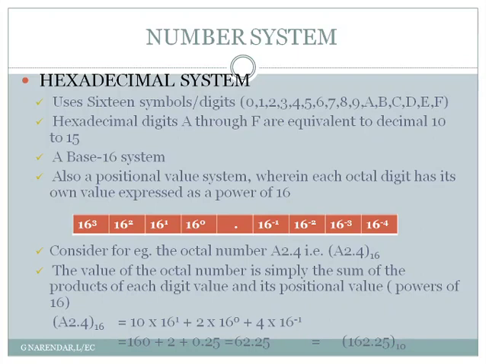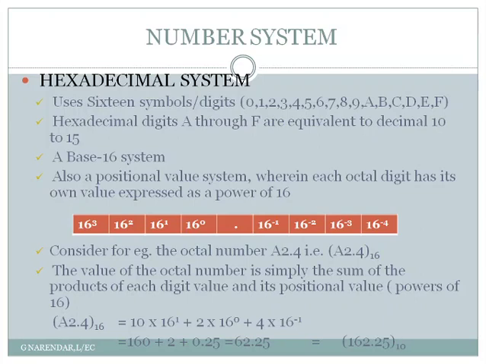Moving left, away from the hexadecimal point, they are 16 power 0, 16 power 1, 16 power 2, and so on.